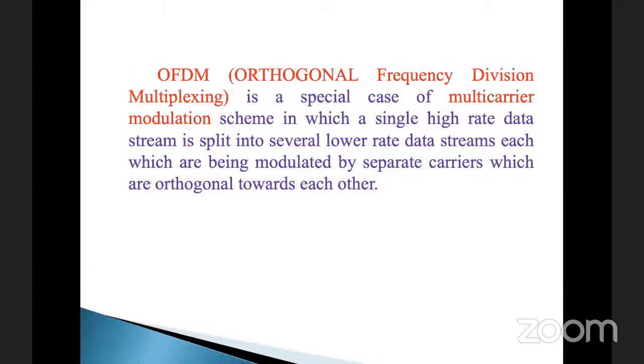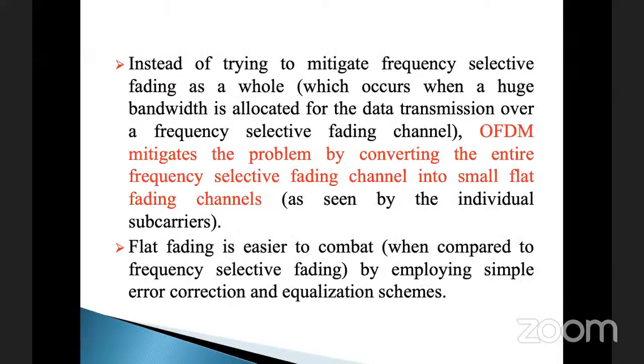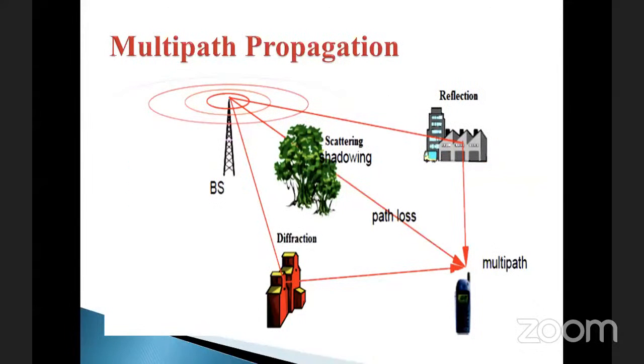Orthogonal frequency division multiplexing is a special case of the multi-carrier modulation scheme, in which a high data rate stream is split into small data rate streams. OFDM avoids frequency selective fading by using flat fading communication. It converts the entire frequency selective fading channel into small flat fading channels.